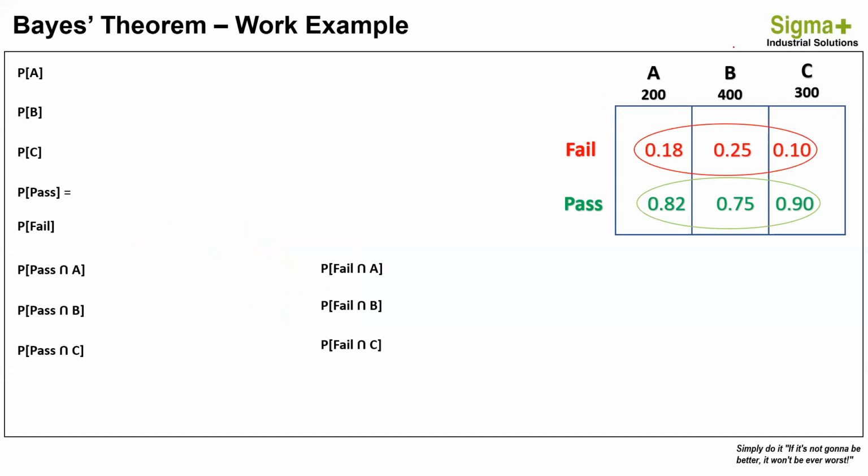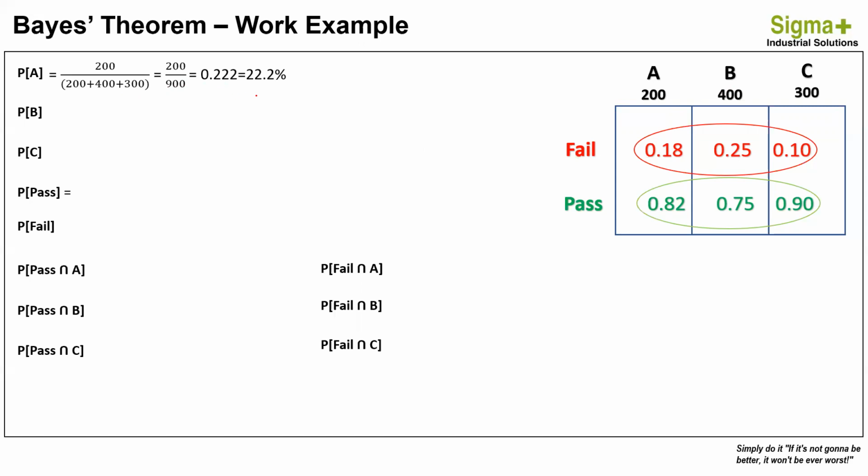If I want to calculate the probability of A, it's easy because I already know that I have 200 units of product A out of 900 products, where I have 400 from B and 300 from C. So the probability of A is 200 divided by 900, where 900 is the summation of all the products.